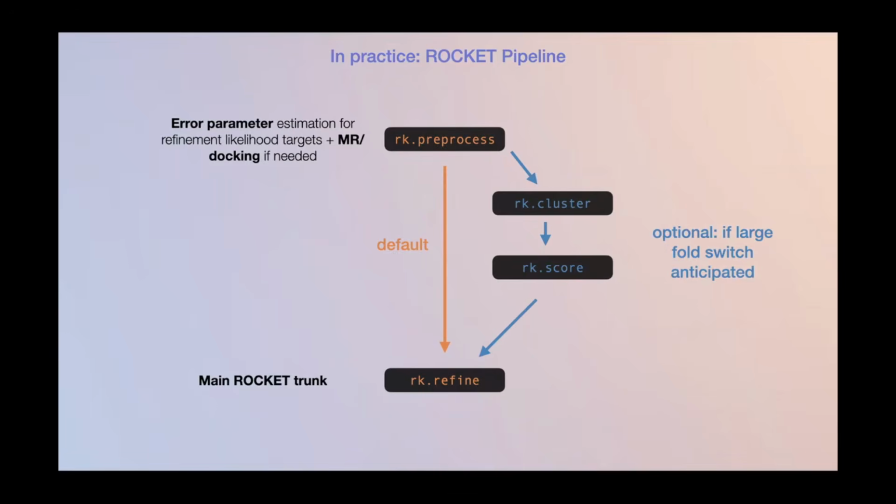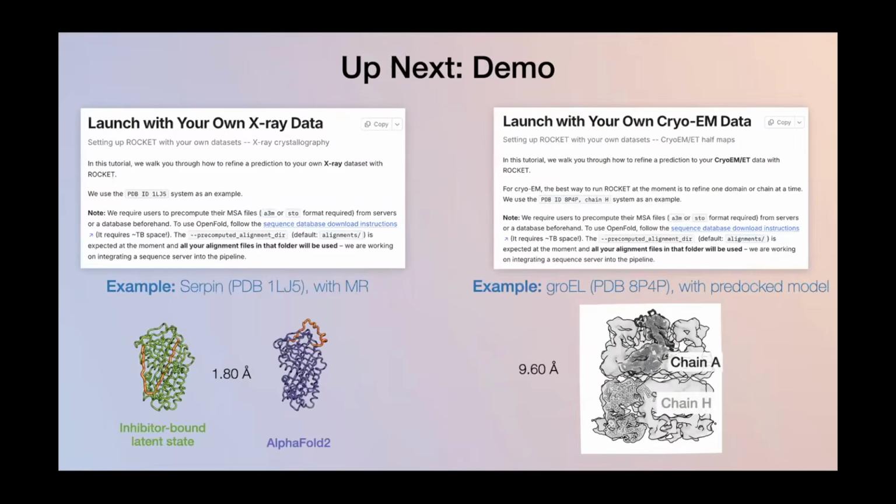What this does is include some MSA subsampling and clustering to provide you with a larger variety of initial conformations from AlphaFold, and then it will score each of these predictions against the experimental likelihood and provide you with the best scoring conformation that you can then further refine with rocket refine. And again, Min will talk through this in more detail.